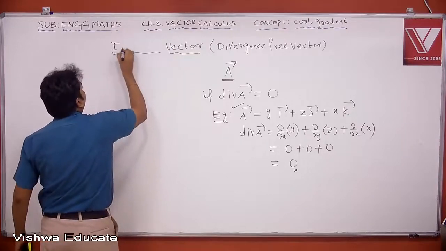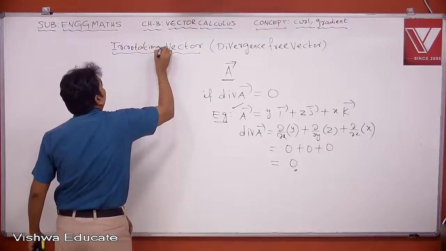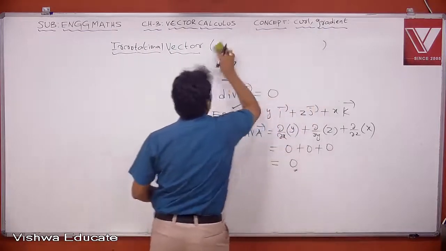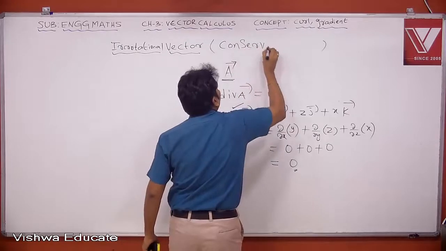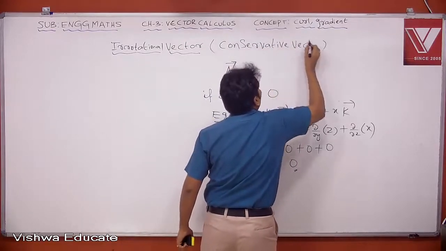Next definition, irrotational vector, which is also called a conservative vector.